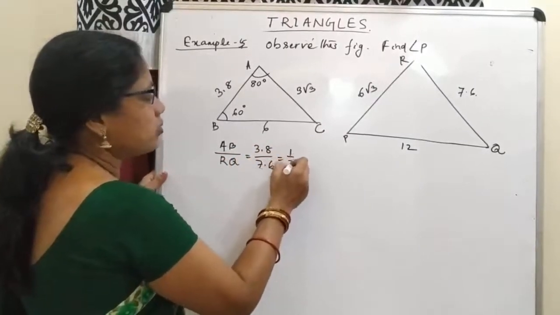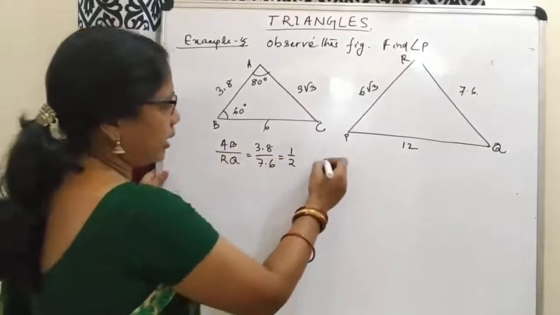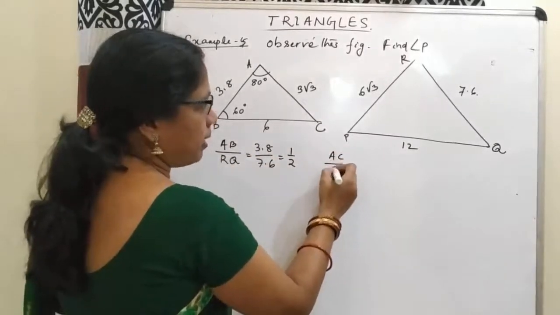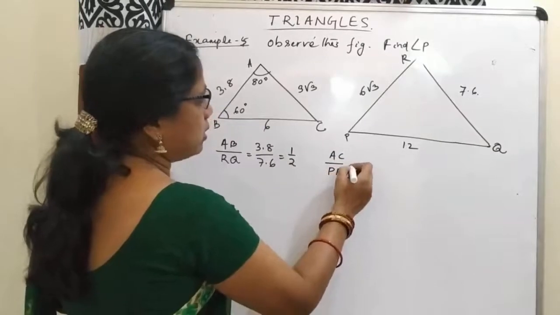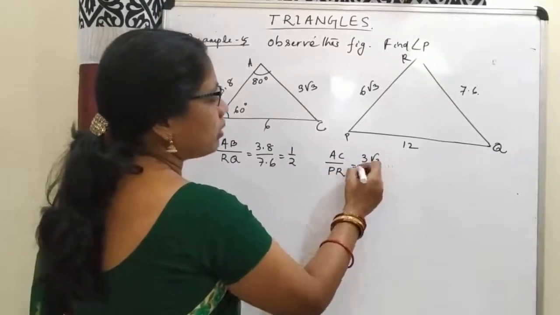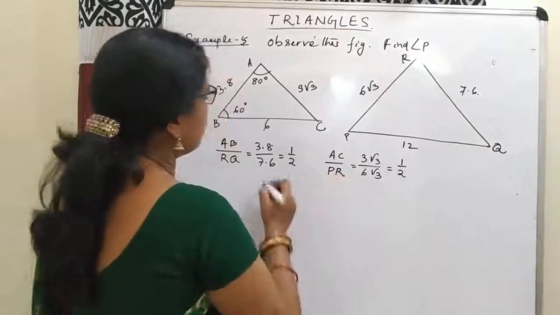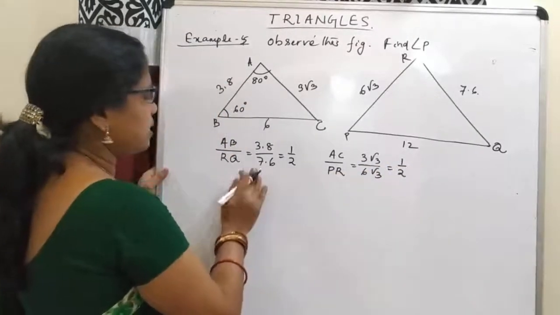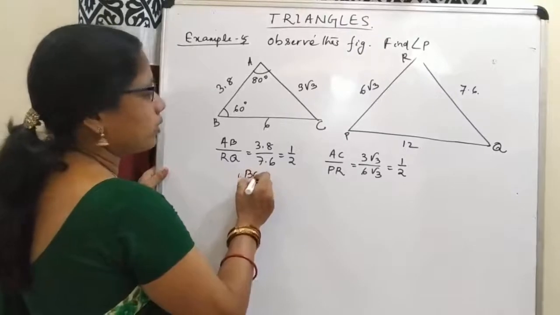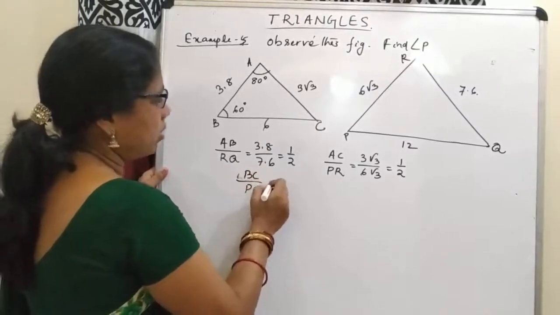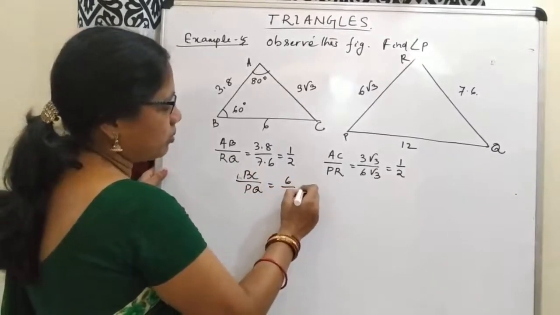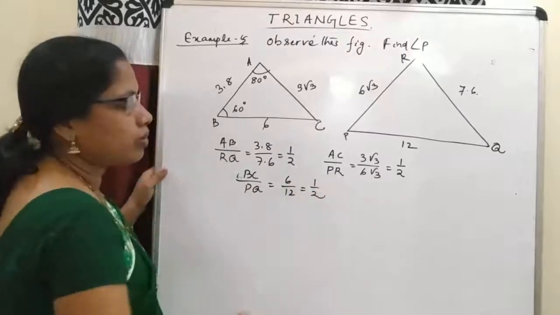This is equal to 1 by 2. And AC by PR is equal to 3√3 by 6√3, which is equal to 1 by 2. And BC by PQ is equal to 6 by 12. So this is equal to 1 by 2.